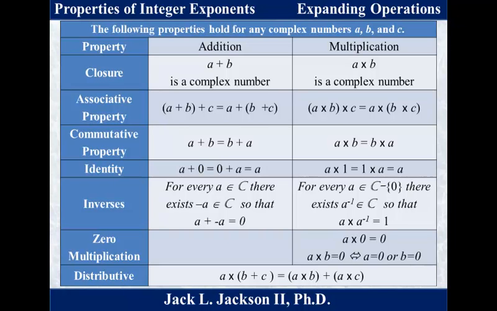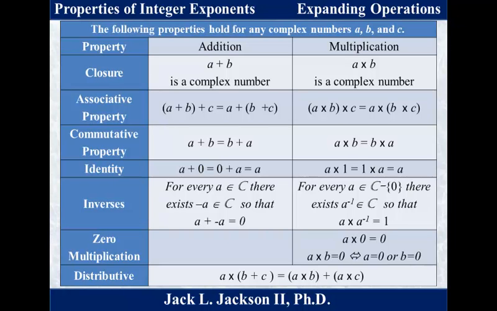Now we developed certain algebraic properties of numbers, and these were properties we developed first mostly for natural numbers, and then expanded in some cases, particularly in the inverse case, for bigger number systems. And ultimately these are going to hold for any complex numbers. So if you have any complex numbers A, B, and C, first of all, it's closed.